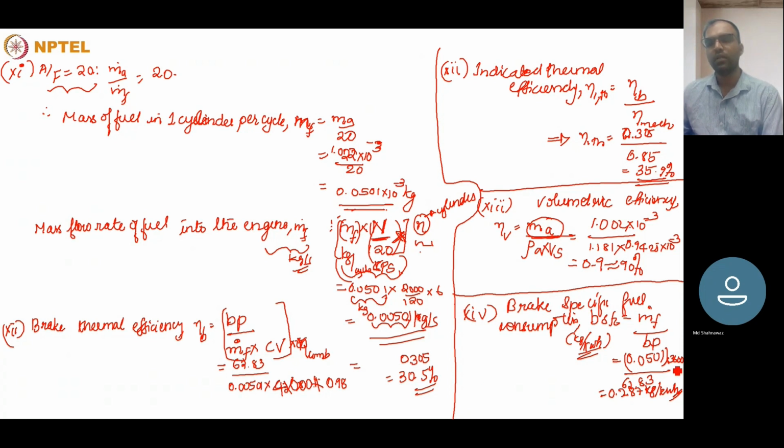We multiply the denominator and the numerator by 3600. So we'll be getting it in terms of kilogram per kilowatt hour.